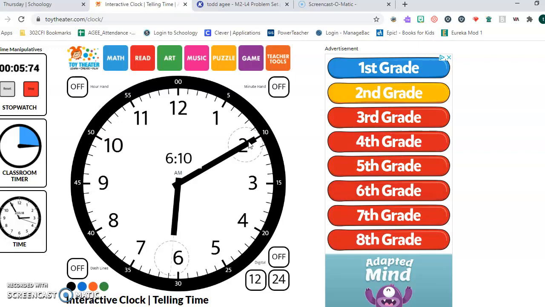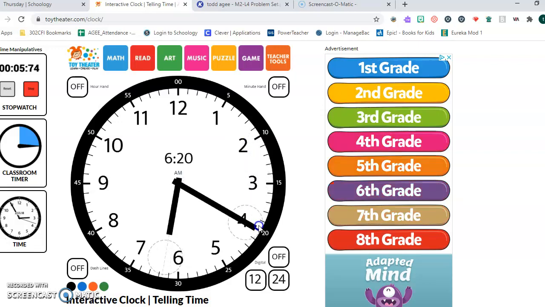Or for example, let's say that you end an activity at 6:20 and they say the activity took 10 minutes. When did you start that activity? Well, I could count back 10 minutes from 6:20 here to get to the start time of that activity. I would go 5 and then 10, and I could say, oh, it took 10 minutes. The activity ended at 6:20, so it must have started at 6:10.